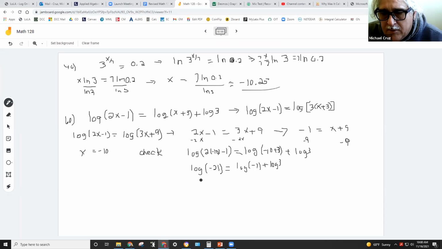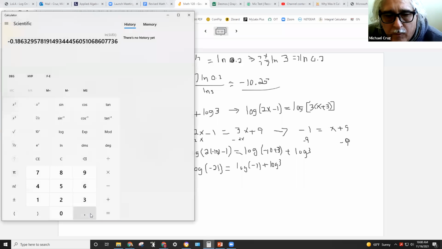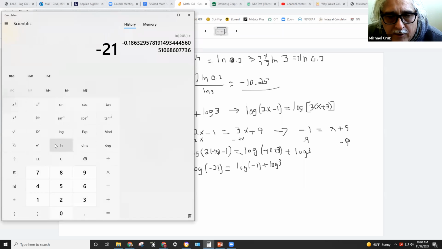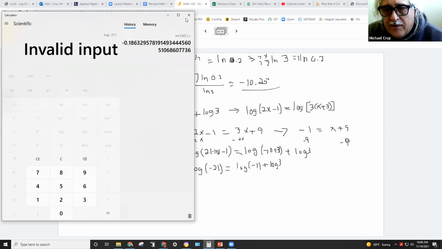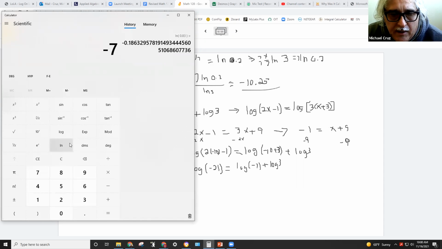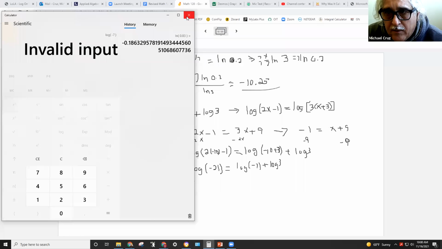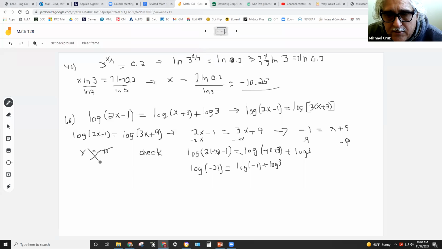All right, so what happens when we put in a negative and then try to take the log? See, again, it's an invalid input. Anytime that input is negative, we can't take the logarithm of it. So what it means is no solution. All right, any questions?